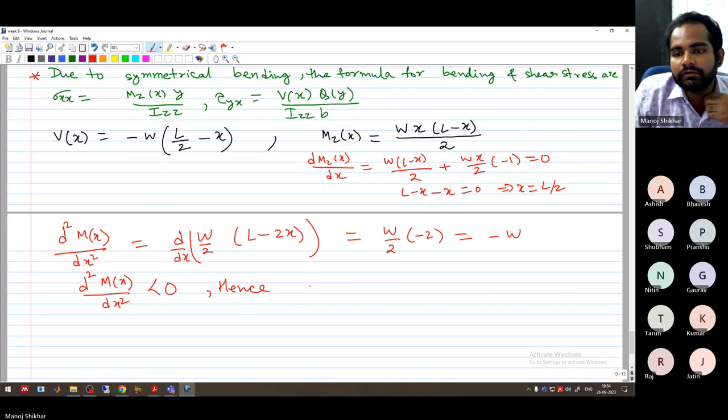Hence Mz at x equal to L by 2 is a maximum.